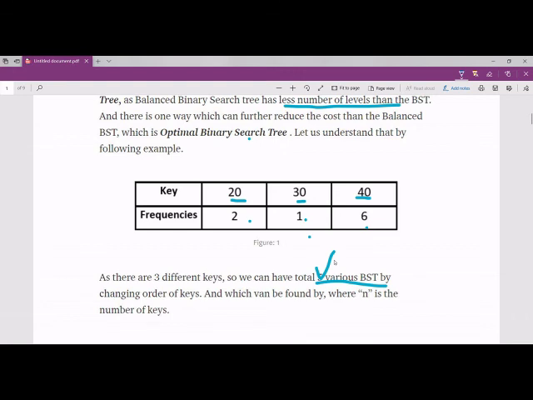The formula says that there are 2nCn upon n plus 1 different binary search trees, where n is the number of nodes. In our case n is 3, so we put n equal to 3 in that formula, and you can verify that the number comes out as 5.